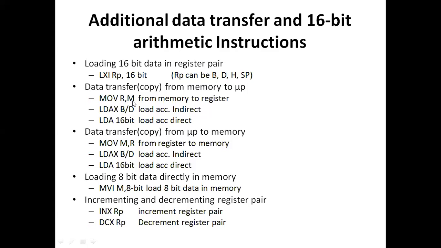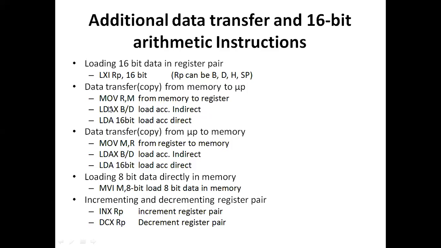So the HL pair is taken as the reference, the pointer where the address of the memory is stored. Whatever is the content at that address will be copied into the register. The register can be any: A, B, C, D, E, H, or L.